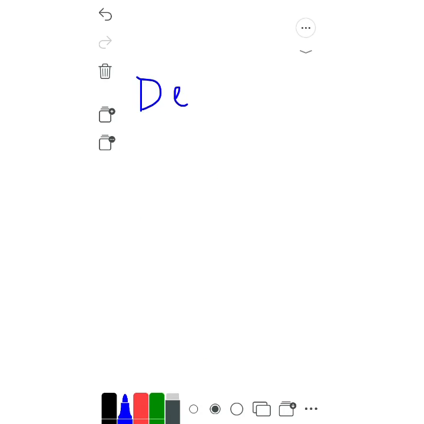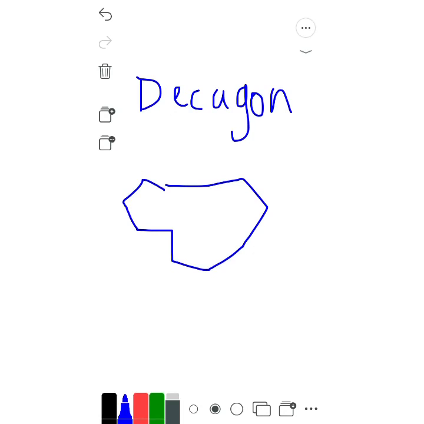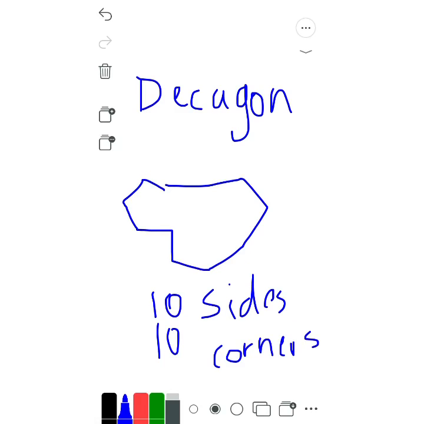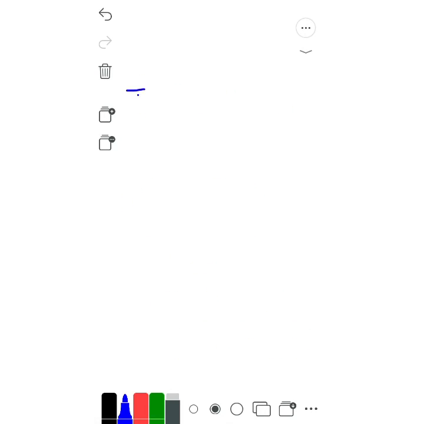And the last major example polygon shape is a decagon, and a decagon has 10 sides and 10 corners. And these decagons, nonagons, heptagons can be in any form, any shape. It doesn't have to be octagon shaped or hexagon shaped.